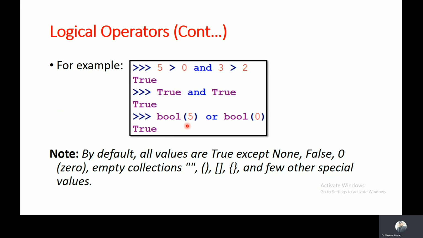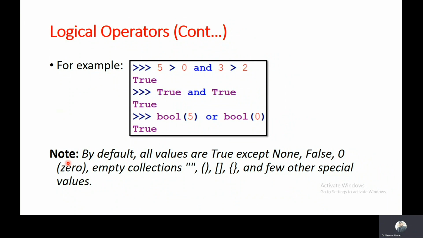The first Boolean function, bool(5), returns true, and the other Boolean function, bool(0), returns false. On the execution of the complete statement, it returns true. Why? Because the definition of the OR operator says it returns true if any of the conditions is true. So based on the first Boolean function, which is true, it returns true.